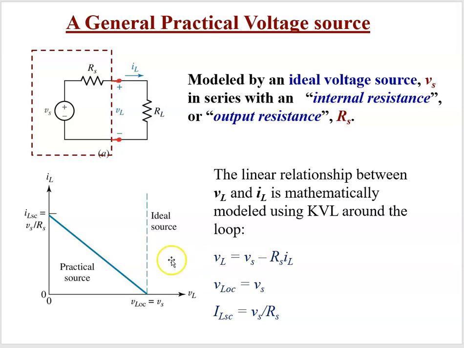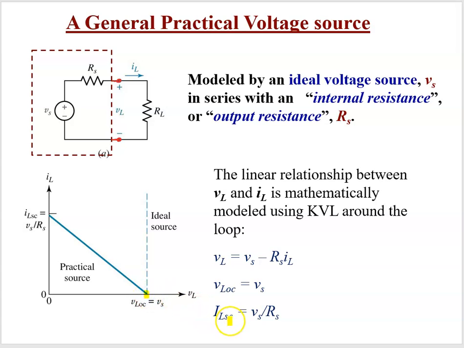So with that mathematical model, we can graph IL versus VL. If it's a linear relationship, any two points on the graph let us plot the entire graph. So if we look at the VLOC, we've talked of that in past videos, that's our open circuit voltage. That's when the load here is open. If there's no current being drawn, then our current is 0 and our output voltage is VS. So that occurs here on the graph.